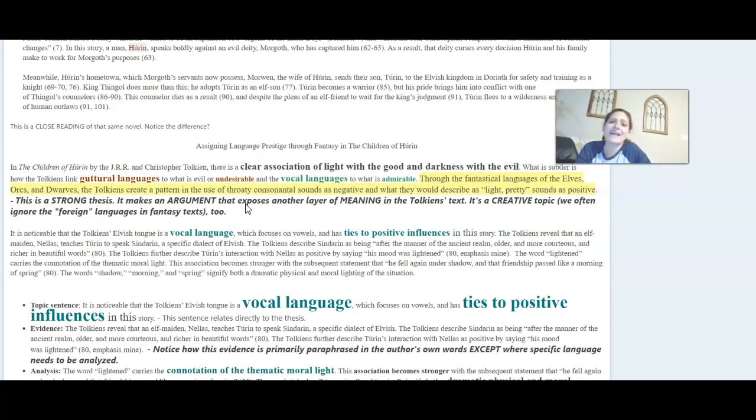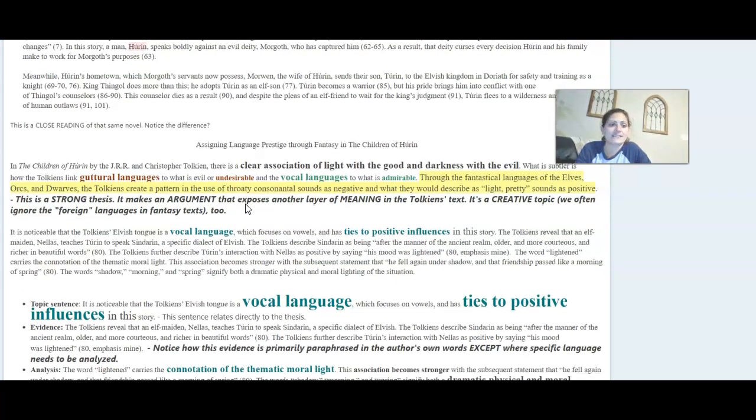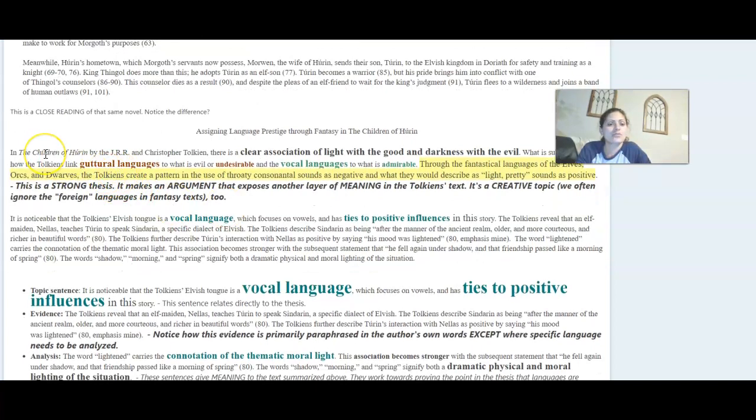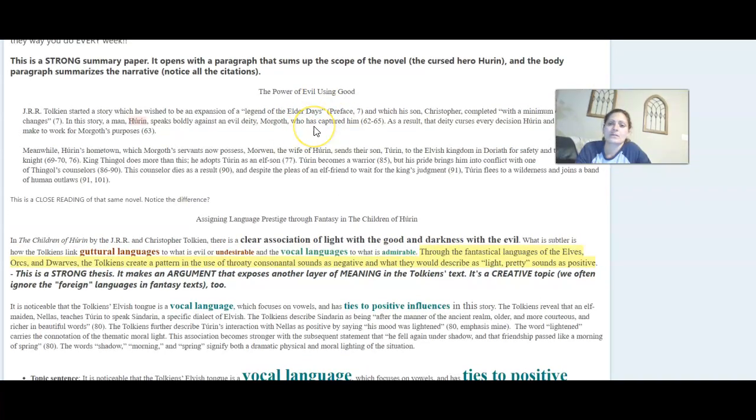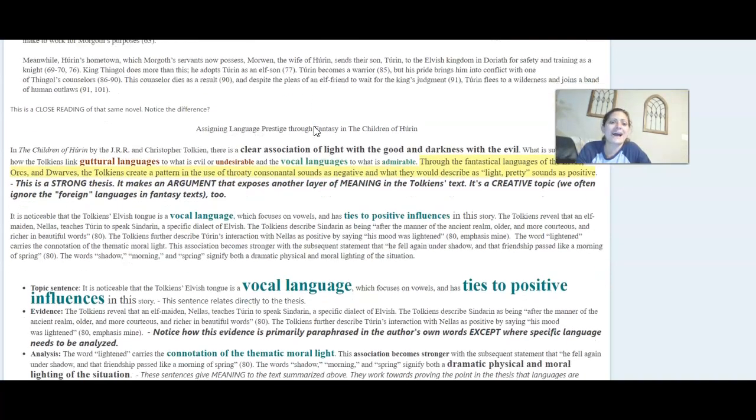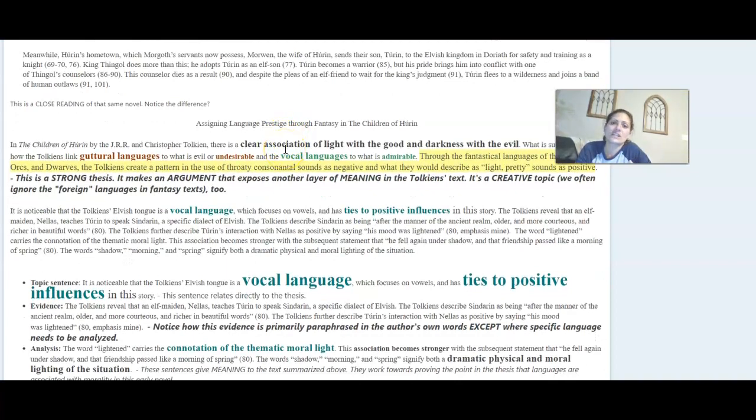Now let's look at an analysis of that same text. So notice, first of all, it opens with an idea, not with the action. So the idea is this association of light with good and darkness with evil. And the way that light and darkness is then moved onto the use of language.